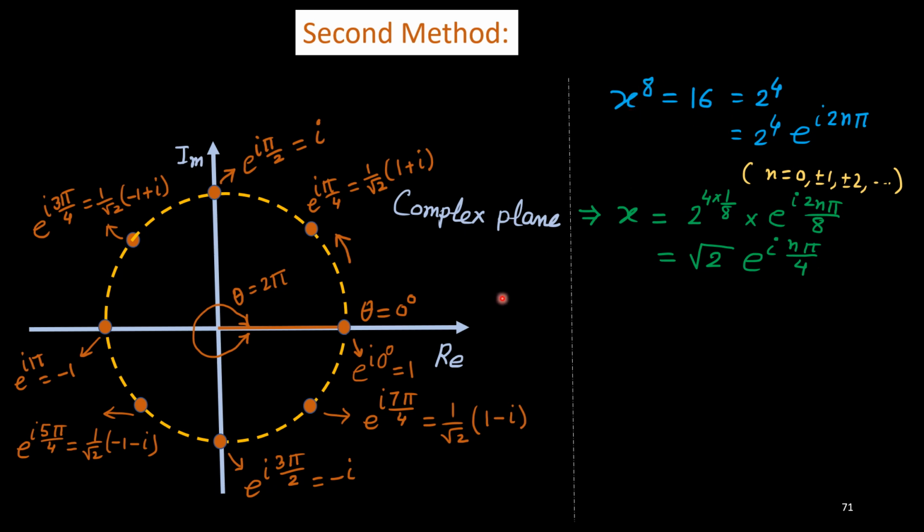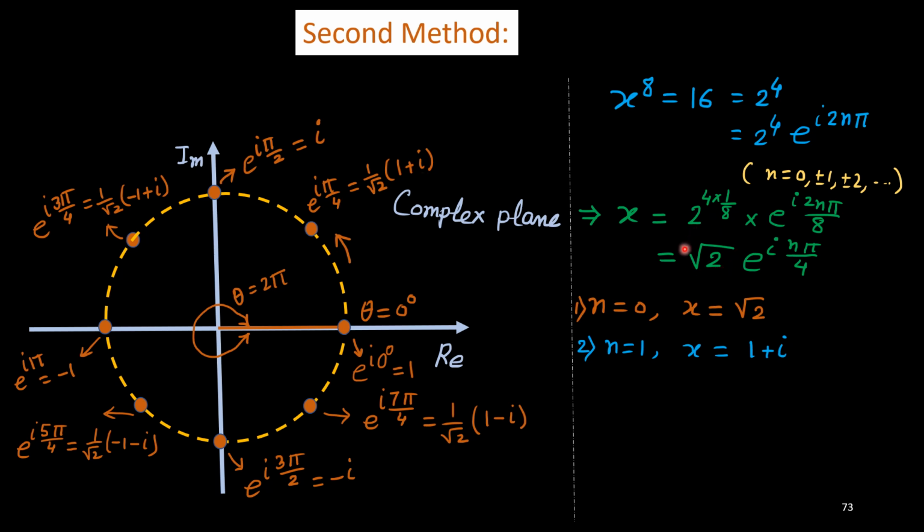We'll start from n equal to 0. So with n equal to 0, this value to the power 0 equals 1, so square root 2. So this position. You see, this value is 1, only this magnitude is multiplied. Square root 2 into 1 is square root 2. Next, with n equal to 1, already I have seen that at pi by 4, the point is 1 upon square root 2 times 1 plus i.